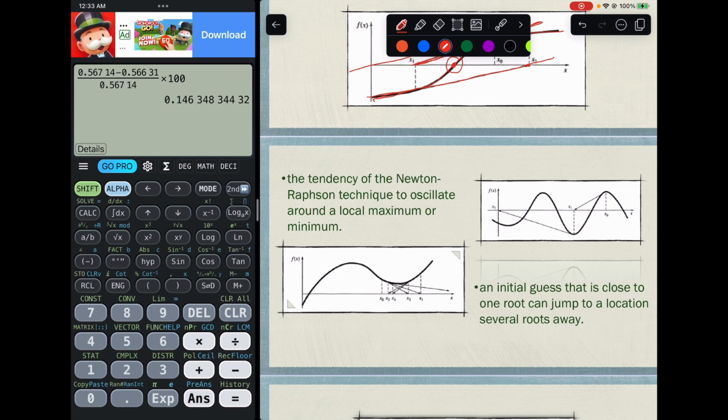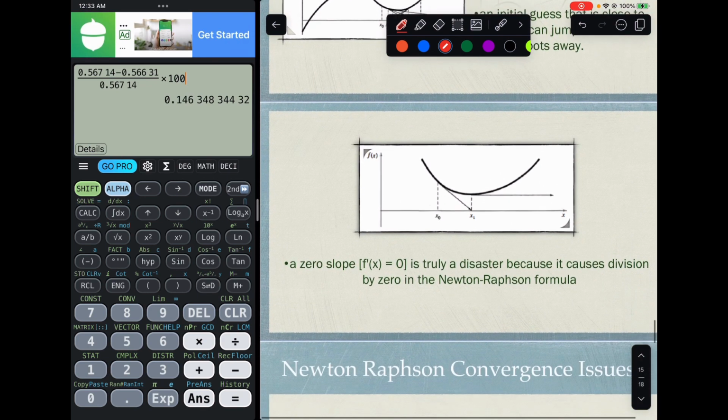If we have a sinusoid, since it uses a tangent line, there's a possibility that it will go to other points of the line. An initial guess that is close to one root can jump to locations several roots away. That is possible as well in Newton-Raphson.